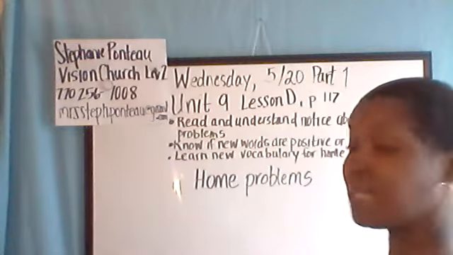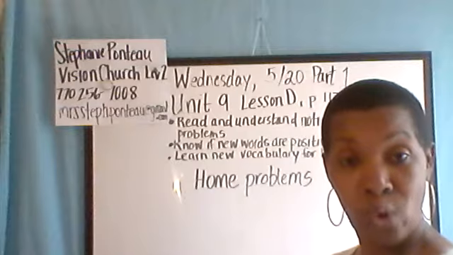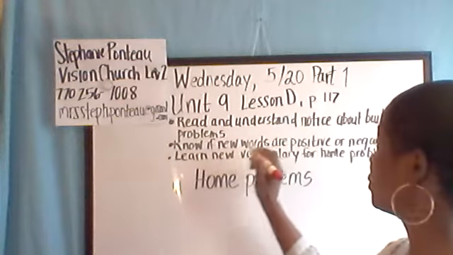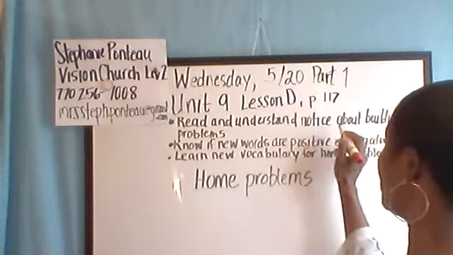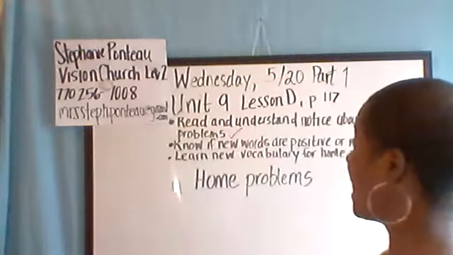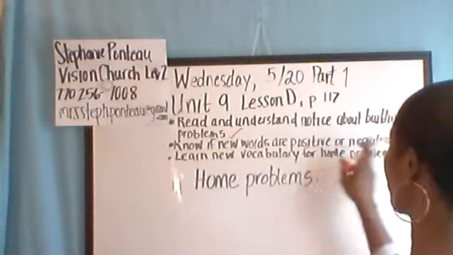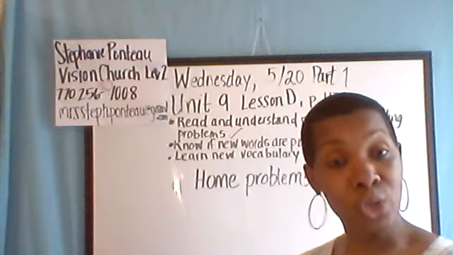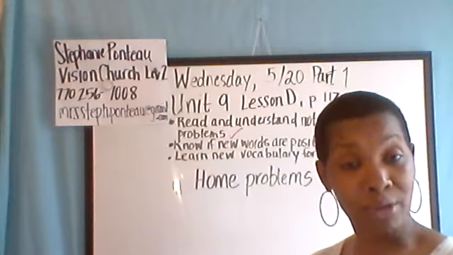Okay, so what we did in the last class on page 116, we read and we understood the notice about building problems. So we did that already. And it says know if new words are positive or negative. We did that when we read Stella's notice to the other tenants about the problems.